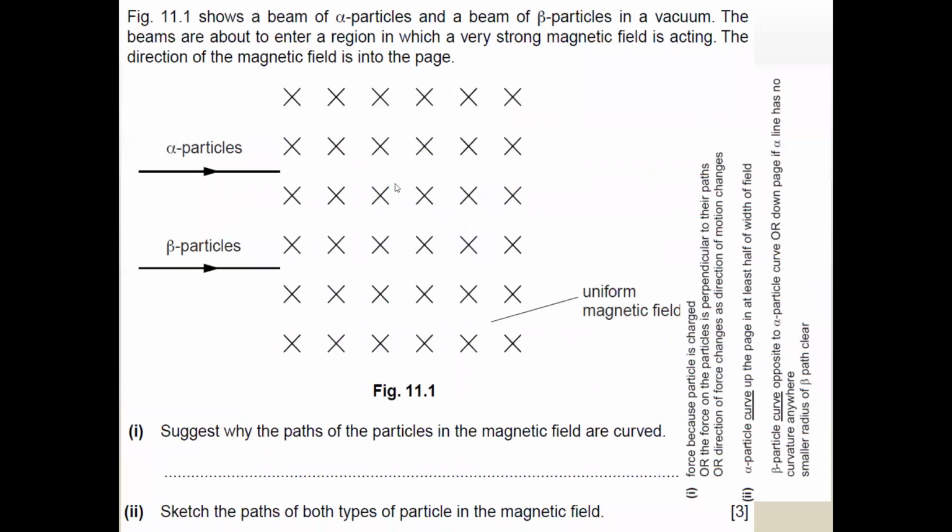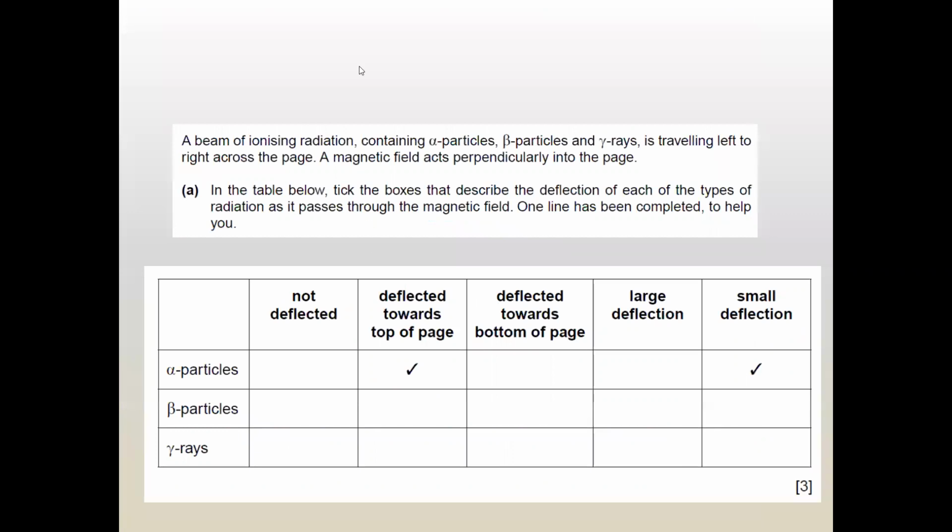It's the same question as the previous one. If the alpha particle goes towards the top, the deflection of beta should be opposite. So if alpha is going up, beta will go down. The deflection of alpha is small, but beta's will be large. And gamma does not have any charge, so it is not deflected by an electric or magnetic field.